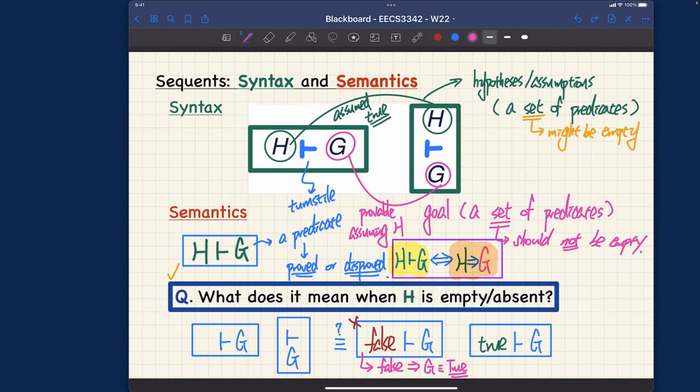On the other hand, why would this work? Let me use maybe purple over here. And this will be actually equivalent to, let's use the formal meaning again, use implication. So that will be true implies G. And I forgot if we actually talk about this theorem back in the review lecture, but I think for implication, there are two theorems, there are two properties you want to remember.